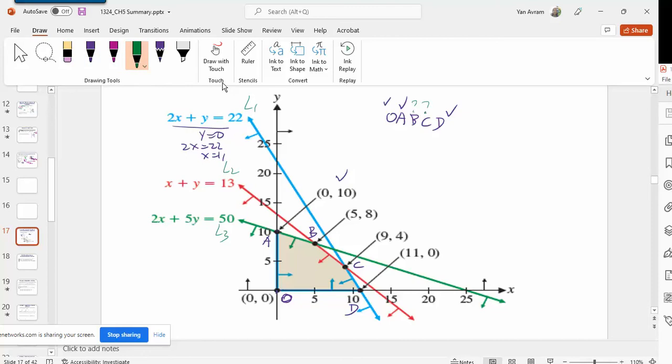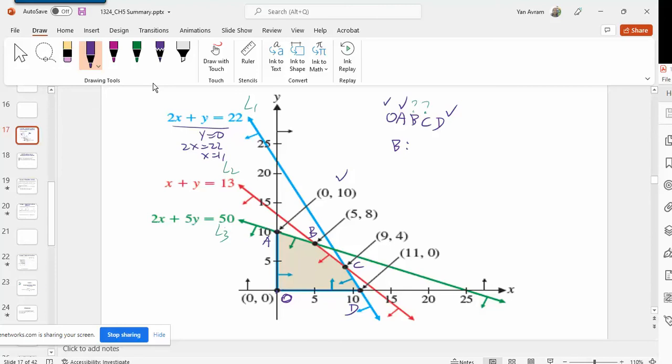Okay, this is the intersection, so this is the corner point. And you will know in the next section why we need all these corner points, because we can find a minimum and maximum value for that. But how do I find the corner point for B? How do I find the corner point for C? If you look at the point B here, it is on lines L2 and L3.